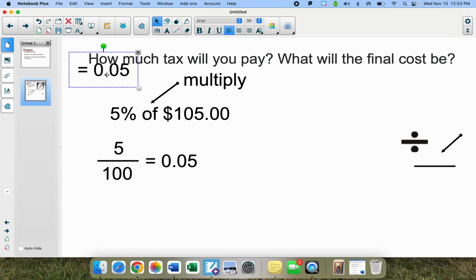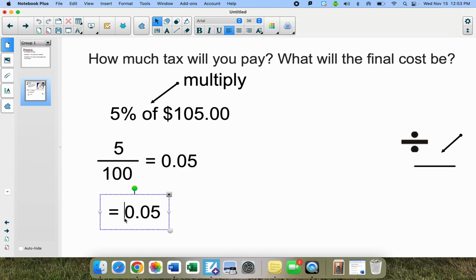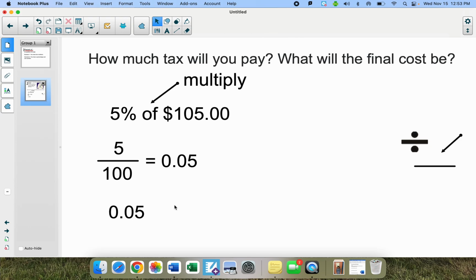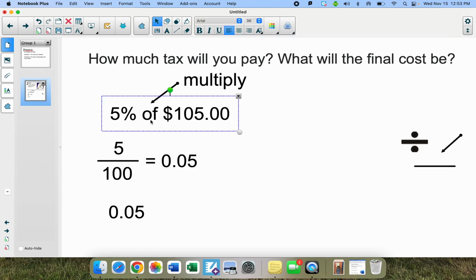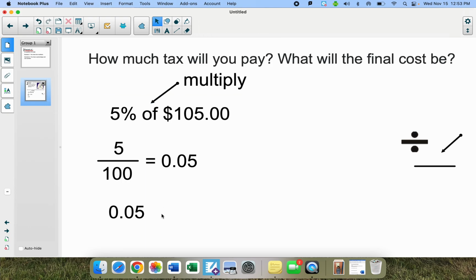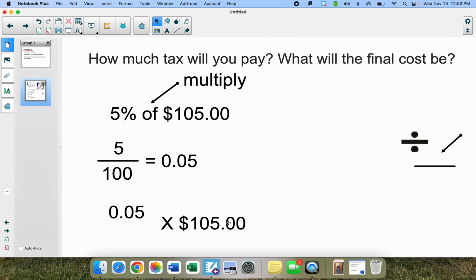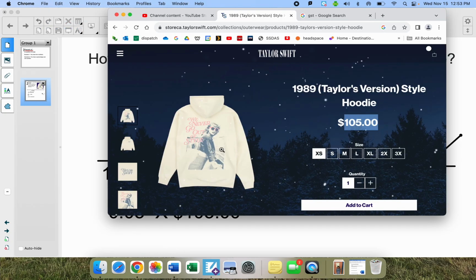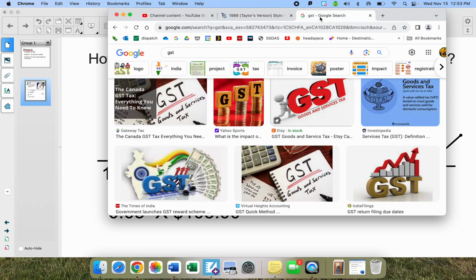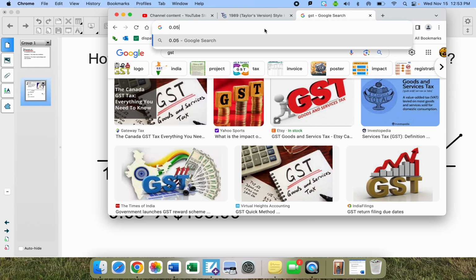Now, I'm going to grab that number and set up part 2 of the question. You have to take your decimal, and of, we already said of means multiply. So I have to multiply by $105. Pure craziness. See how much tax I'm going to have to pay on top of this. Let's go check it out. So I'm going to go 0.05 times $105.